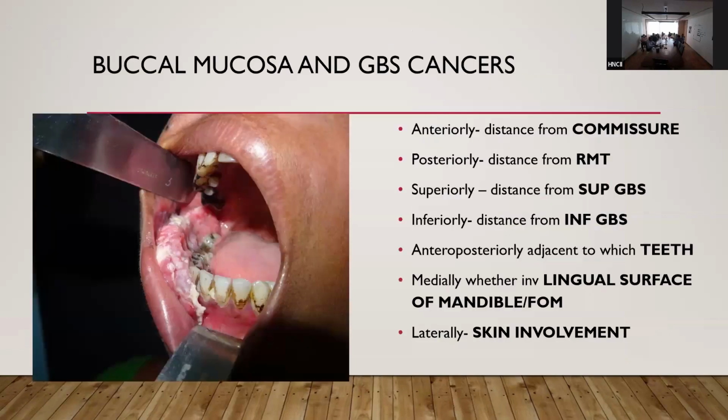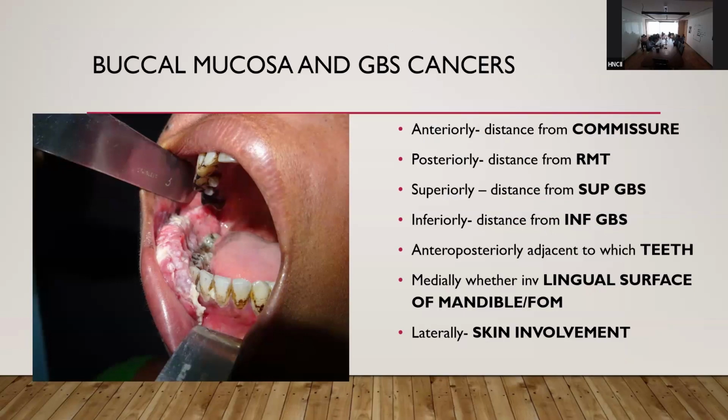Coming to specific subsites, this is how you explain. In a buccal mucosa and GBS cancer, you have to tell anteriorly how much distance is from the commissure, posteriorly the distance from the retromolar trigone, and if it is going further posteriorly, how far it is reaching, whether it is reaching the anterior tonsillar pillar or the tonsil.